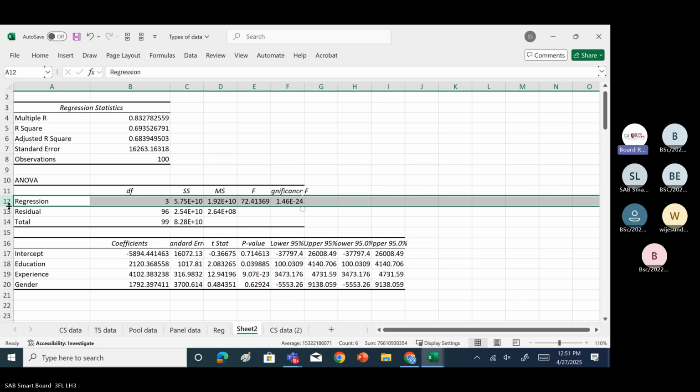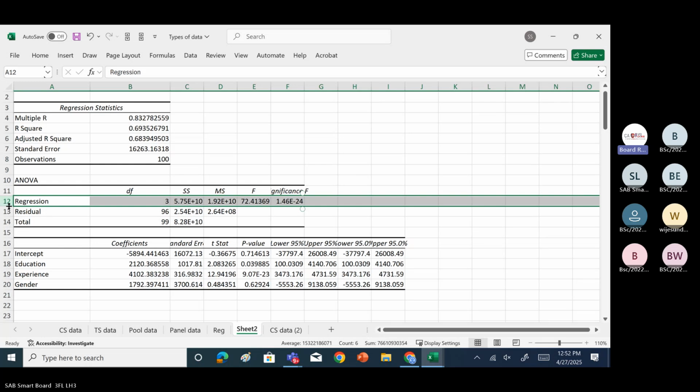First, before moving to that, we will develop our actual research model. How can we develop the actual model? These are the coefficients: the intercept and then education, experience, and gender.